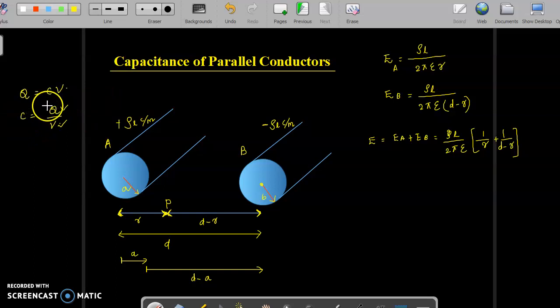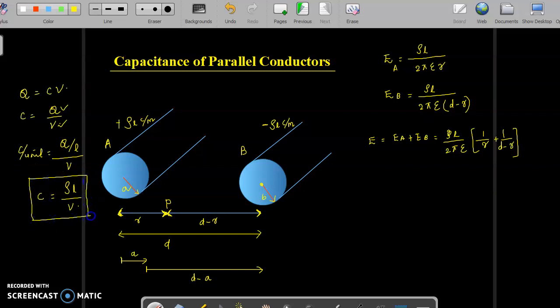What is the capacitance per unit length? Capacitance per unit length is Q by L by V, where Q by L is the line charge density, divided by the voltage. So this is C, the capacitance per unit length. So we need to obtain the expression of V, the electric potential.